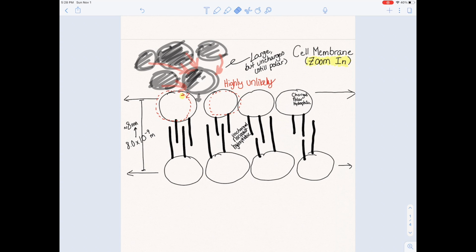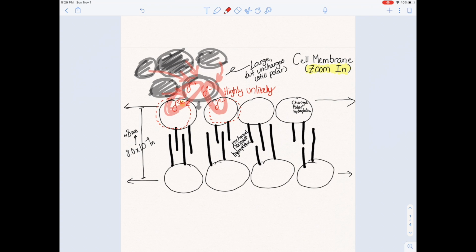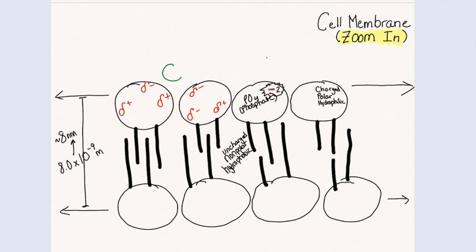Another problem here is that if it's polar, there are going to be dipoles. And yes, dipoles aren't full charges like our chlorine and our potassium ions, but they're still partial charges. And so when we have the same partial charge, so negative to negative or positive to positive, for example, they still will repel. So now we're going to look at the small and uncharged polar molecules. So nothing has changed here except for the size.